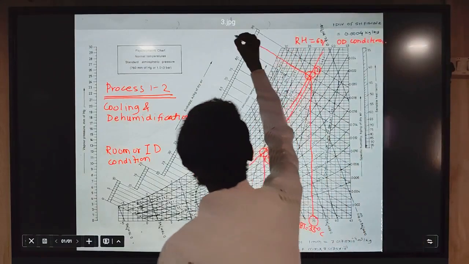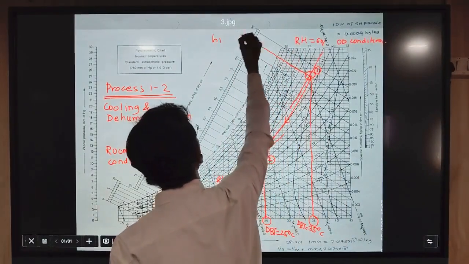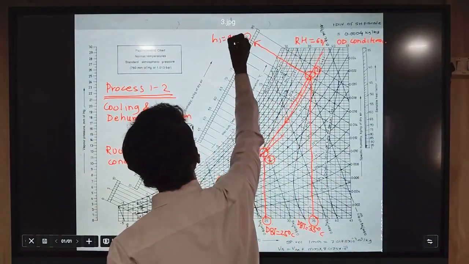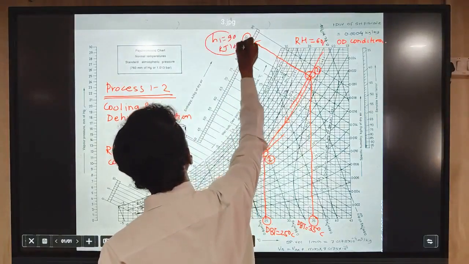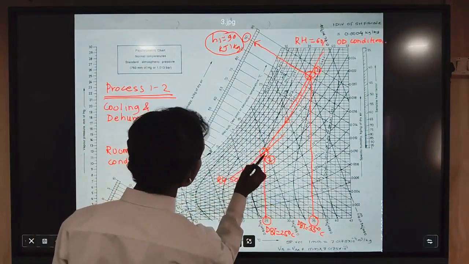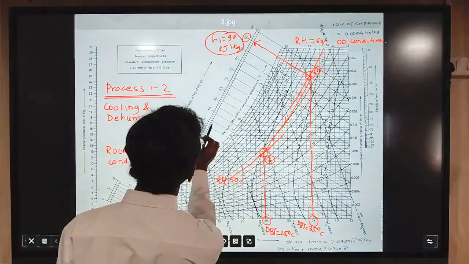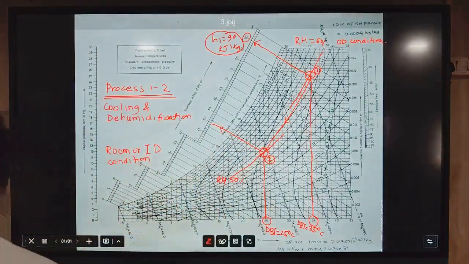Here you get this value H1, which is 90 kilojoule per kg, the enthalpy at the entry. Similarly, if you project point number 2 upward on this scale, there you will find enthalpy H2.